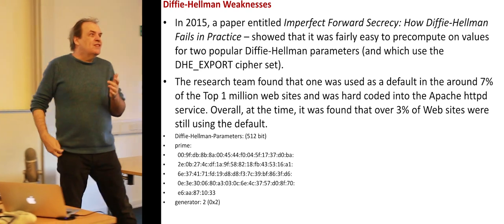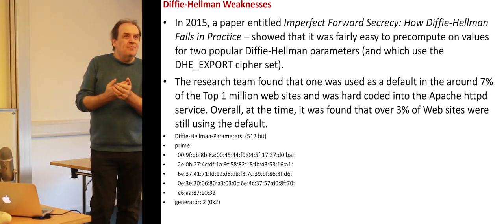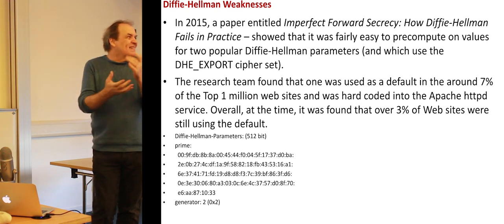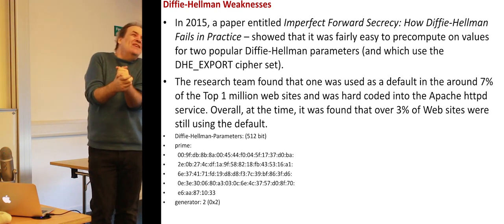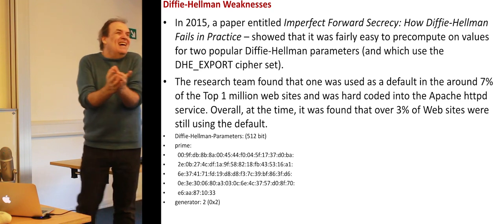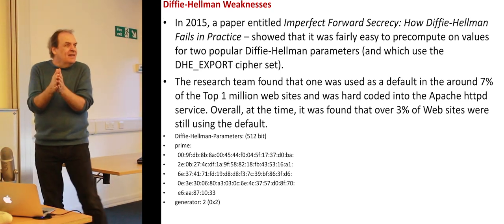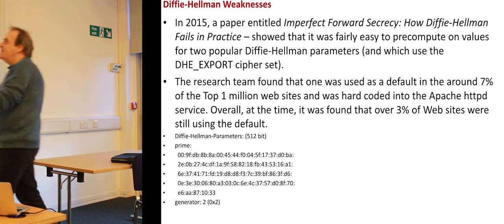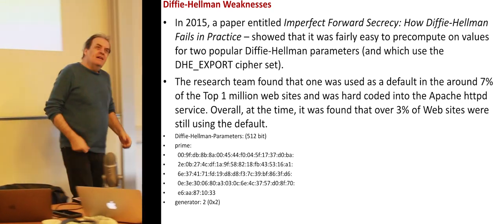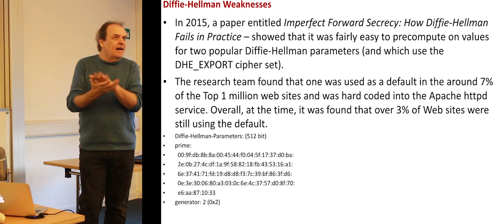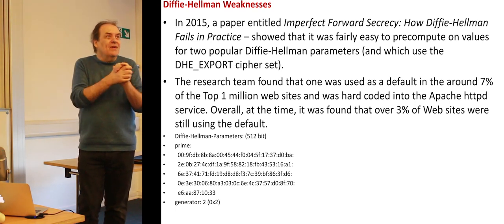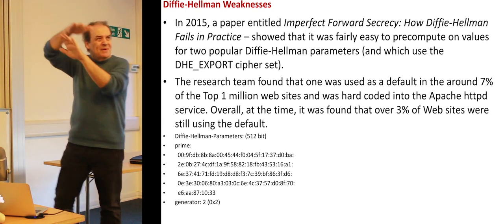And these researchers found that 7% of all the websites in the world were using just a few different default parameters. And you go, seriously? They don't have enough time to create a new prime number for their VPN tunnels. And so all that needs to happen now is that an agency will go through with that prime number all the possible values for Bob and Alice with that G value and build up a great big table.